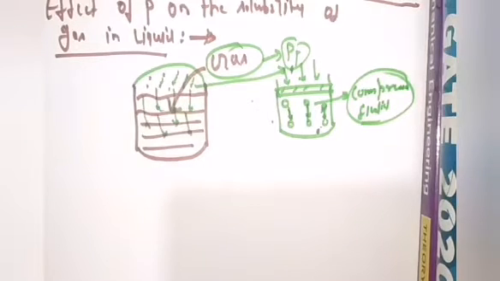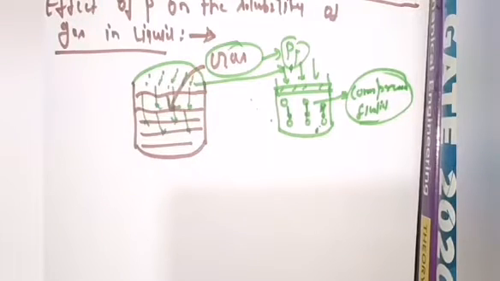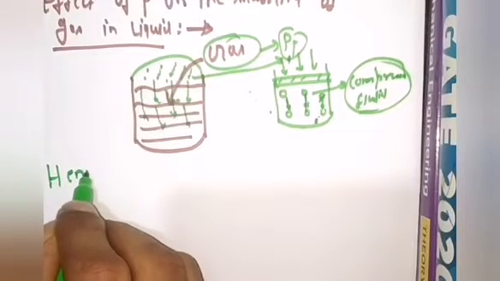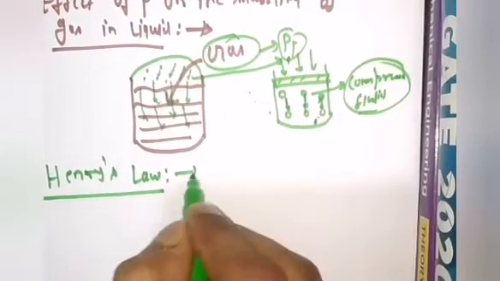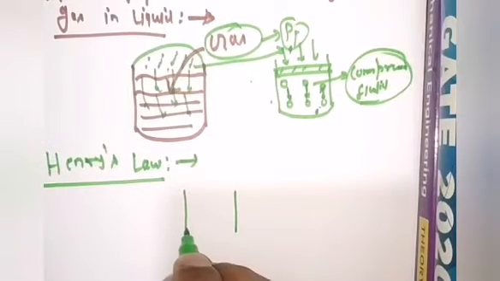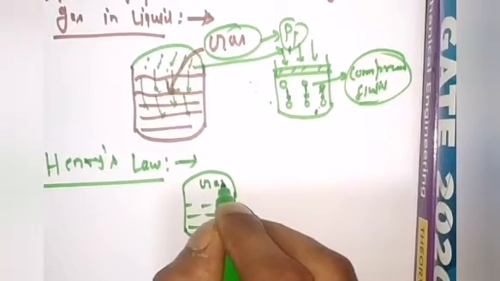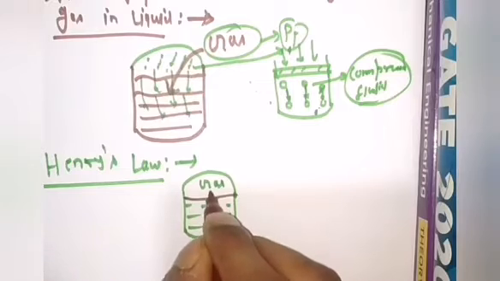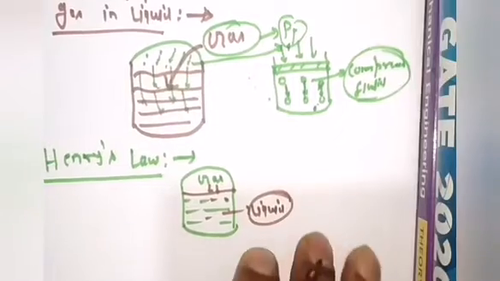Henry was the scientist who observed the effect of pressure on the solubility of gas, and regarding this he gave a concept, a very famous concept known as Henry's law. Henry's law. Now see what Henry's law says, understand this carefully. Henry's law says that if you are going to dissolve a gas into a liquid, okay, this is some gas, I am just assuming it to be a gas here. This is a gas and we are going to dissolve this gas into the liquid. The liquid is a solvent.